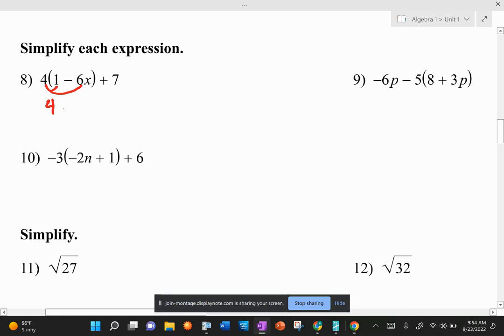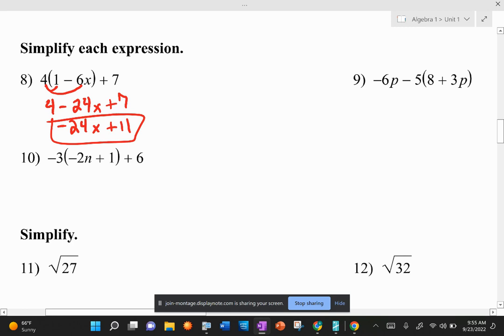It's going to be 4 minus 24x plus 7. After I distribute, now I need to combine like terms. What are the like terms that I need to combine? 4 and 7. So what is 4 plus 7? 11. So I have negative 24x plus 11. That's it. I'm done.